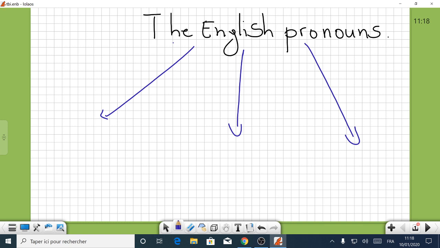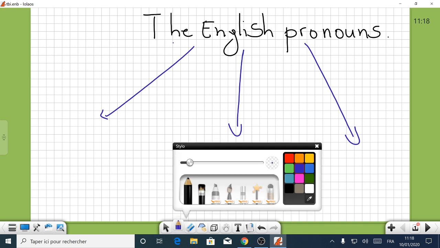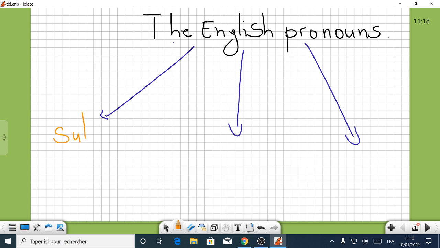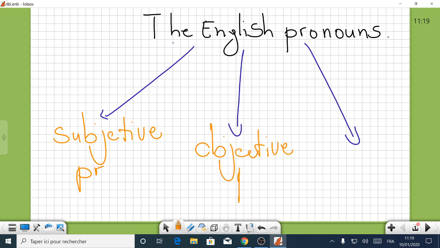So the first type is subjective pronouns. The second one is objective pronouns. And the third one is possessive pronouns.